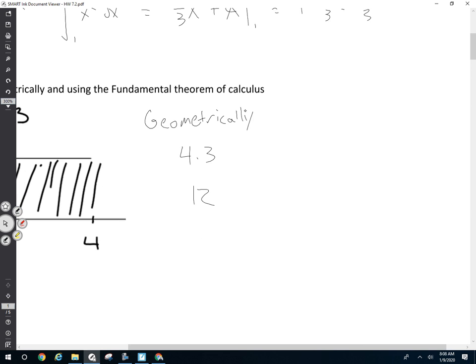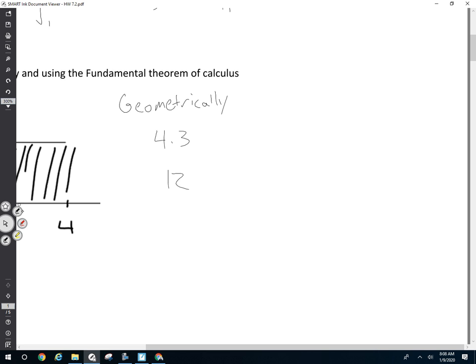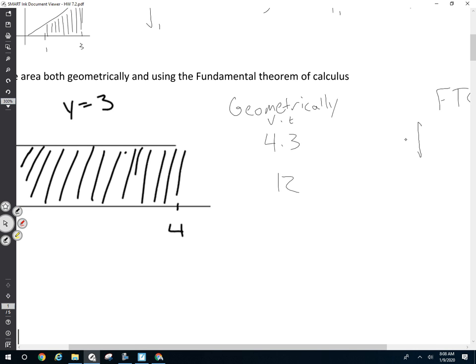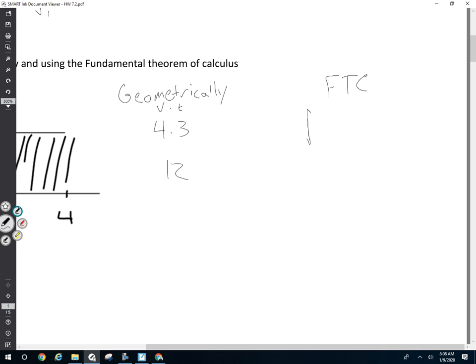Okay? But now, using the fundamental theorem of calculus, instead of doing velocity times time, so this is essentially velocity times time, let's say I didn't know how to do velocity times time. I have the equation y equals 3. I'm talking about finding the area between 0 and 4.